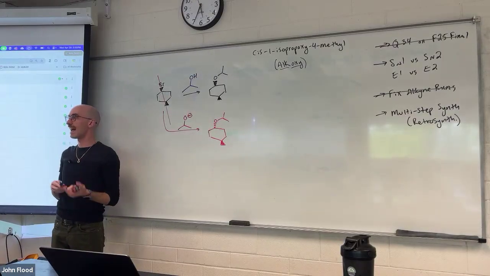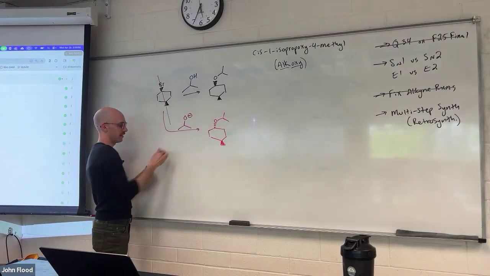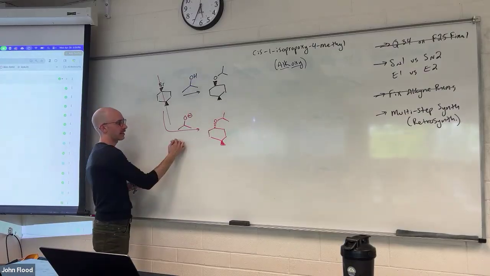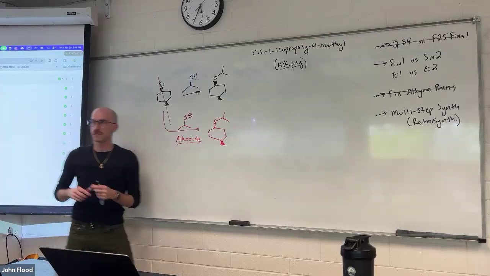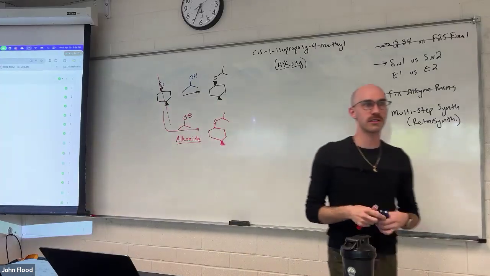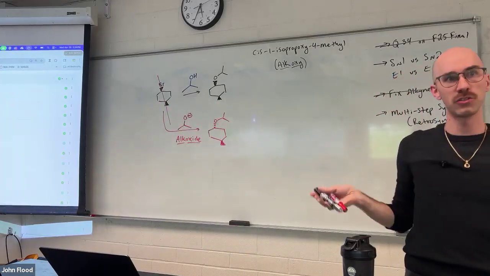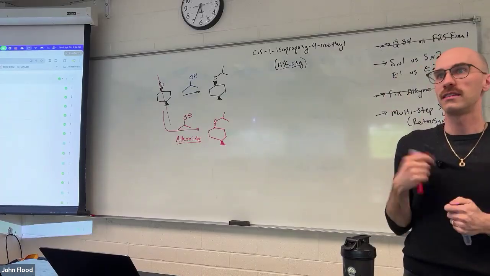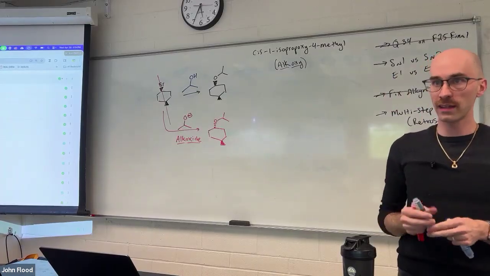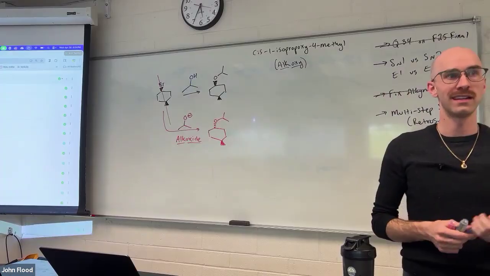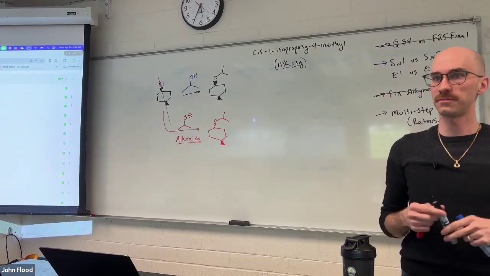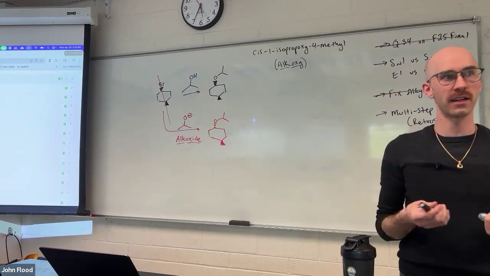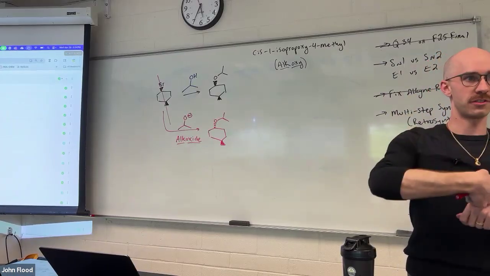I introduce it as an alcohol instead of an alkoxide, excuse me. Instead of the negatively charged anion, I just introduce it as a neutral alcohol. Now it doesn't have the strength to attack the carbon, doesn't have that extra negative charge. Instead, it waits for the carbocation to form, and then it substitutes.